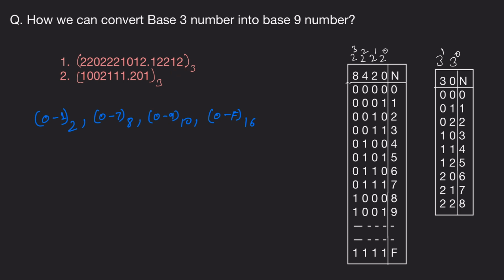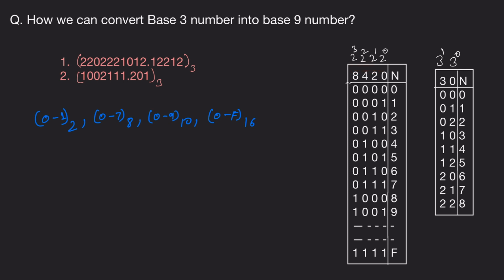If you talk about a binary number, every position has its weight. The first position has weight 2 to the power 0, the second is 2, then 4, 8, like that.